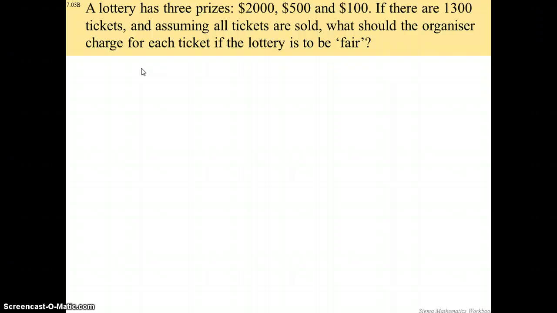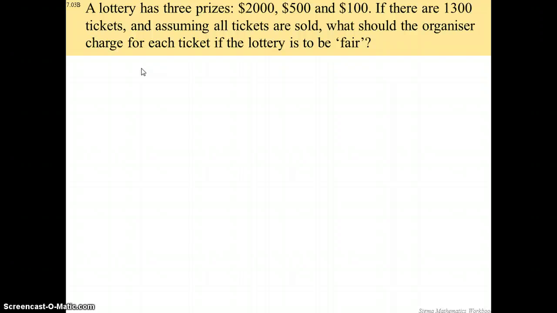A lottery has 3 prizes, $2,000, $500 and $100. If there are 1,300 tickets, and assuming all tickets are sold, what should the organiser charge for each ticket if the lottery is to be fair?